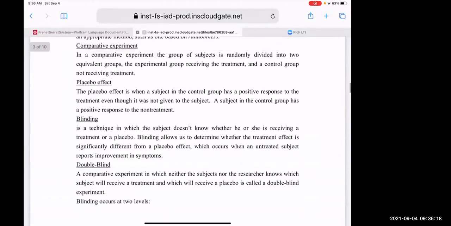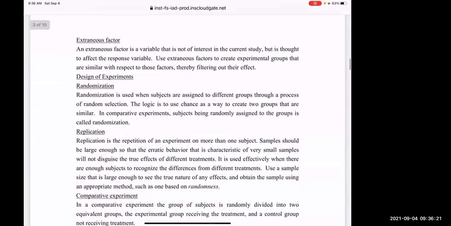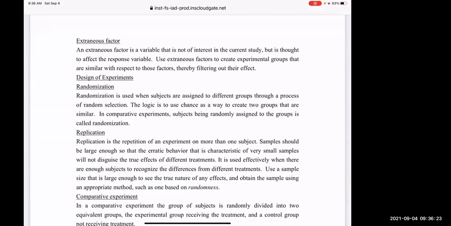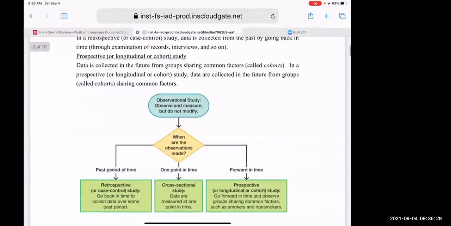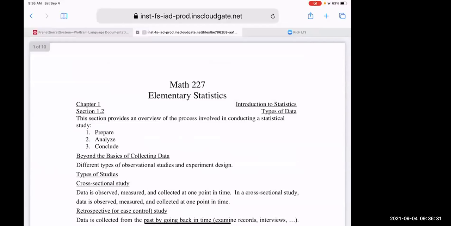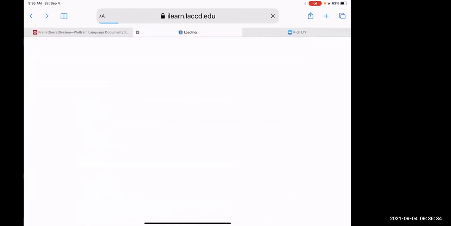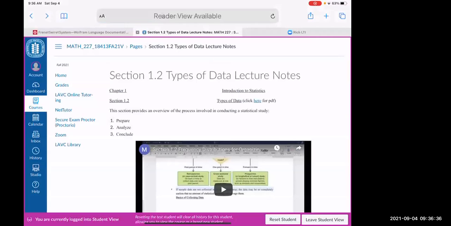So these are the lecture notes. So the answer is yes, you do have access to these. They're just found by clicking where it says click here for the PDF. Or sometimes they're highlighted under the name of the particular section.